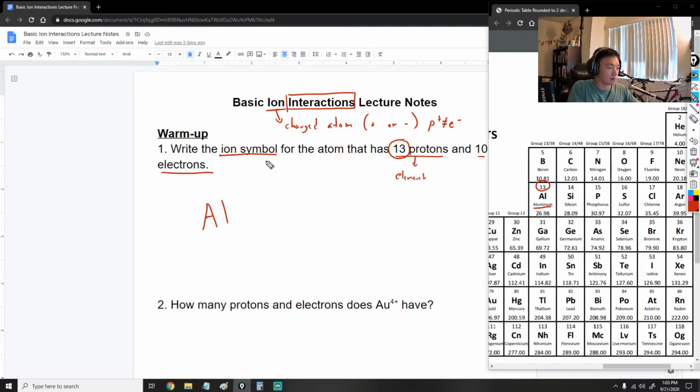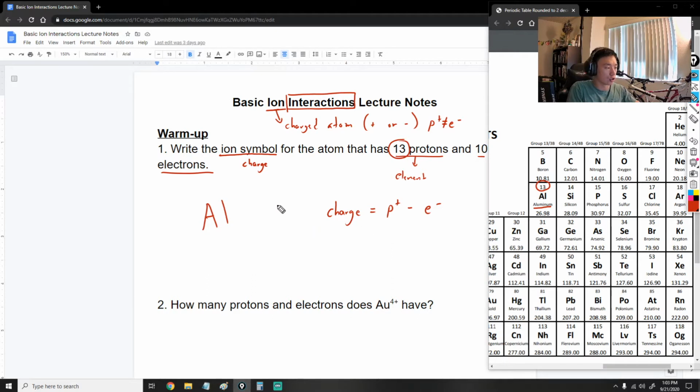Alright, but we're looking for the ion symbol, which means we need to find the charge for aluminum. If you remember, the way that we find charge is protons minus electrons. This is the formula.